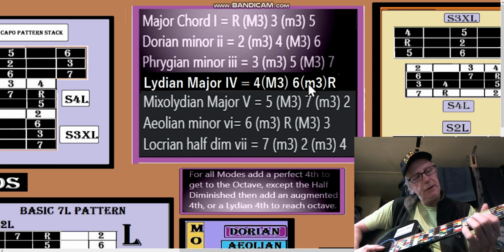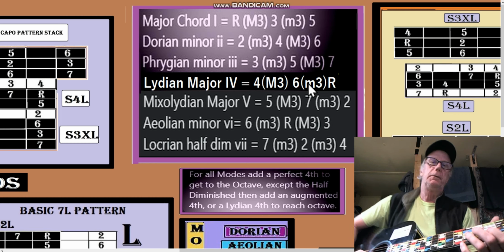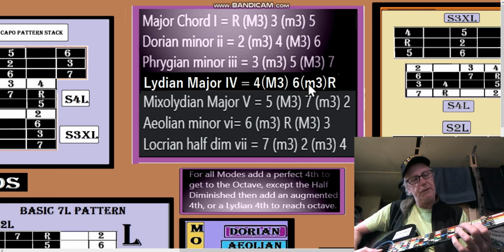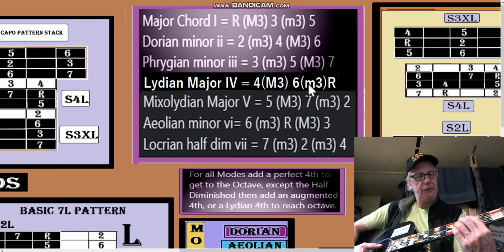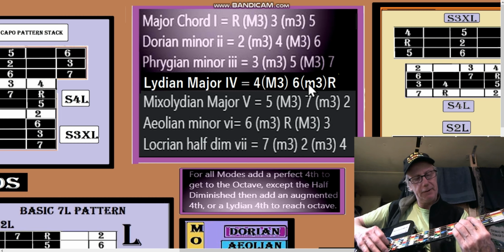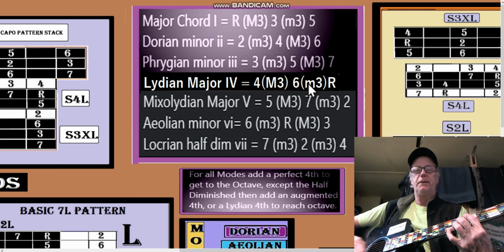So you're usually replacing the root with the 7th, but you've got other roots that you might be playing, hopefully, like down here. So you've got your bass note down there, and then you can bring your finger up to hit the 7th.